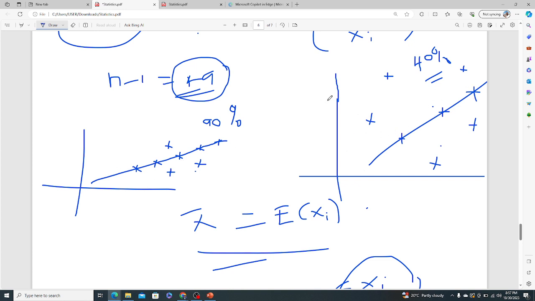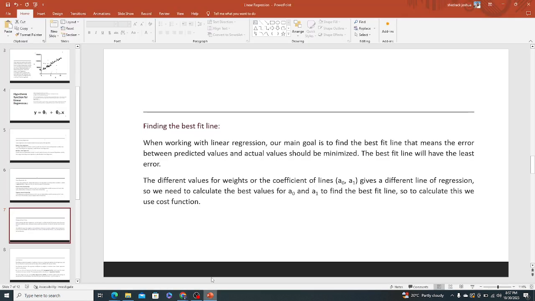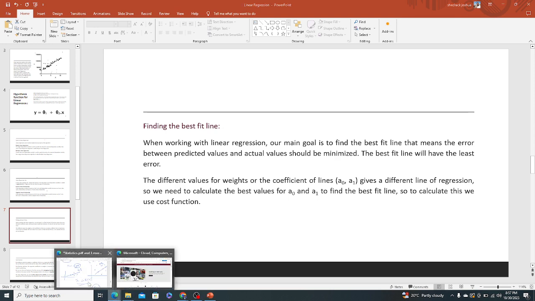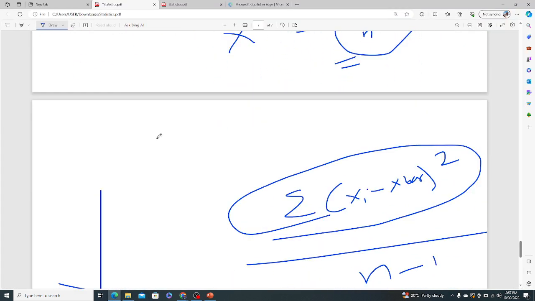All right. So when we are finding the best fit line, when working with linear regression, our goal is to find the best fit line. That means the error between the predicted values and the actual values should be minimized. That is the difference between the actual values, y_i, minus y-hat, where y-hat is the predicted values.